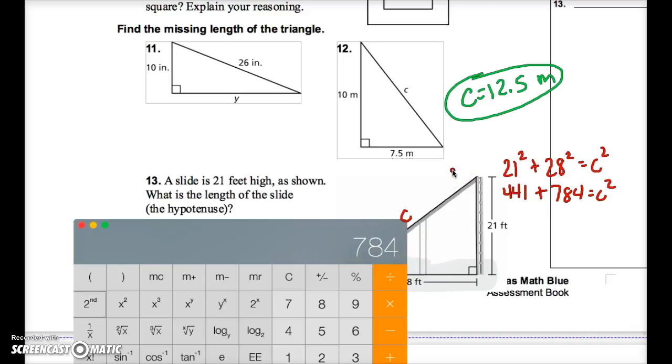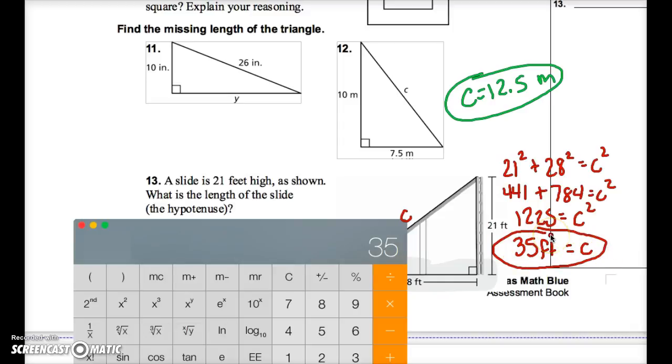Alright, so when we add those two together, you get 1,225, but that is equal to C squared. So don't forget, we need to take the square root of that, and it looks like you get 35 feet as your answer for how long the slide is.